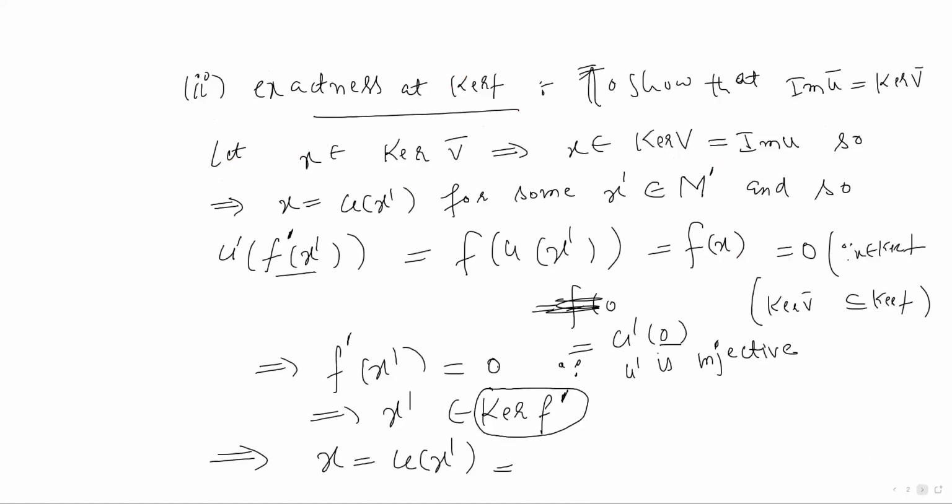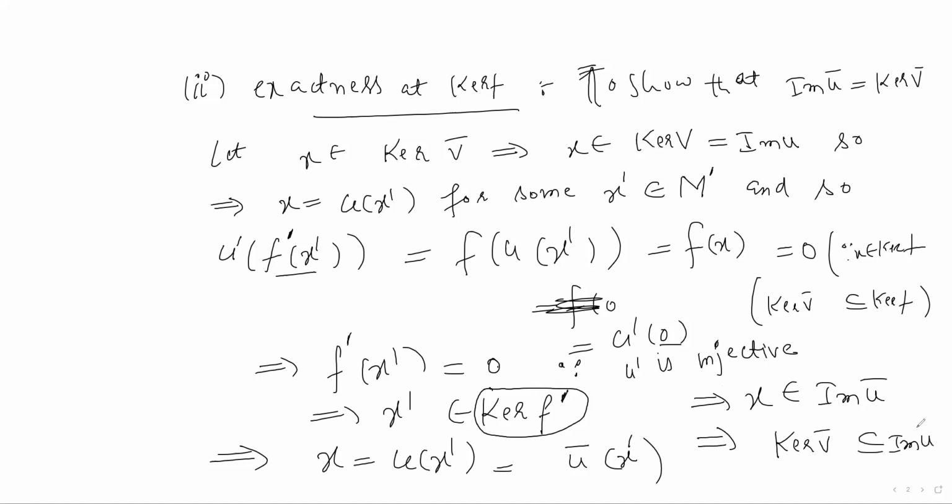So on kernel of f dash, u and u bar are same. So you can write it as u bar of x dash. So this means x belongs to image of u bar. So this means what? Kernel of v bar is a subset of image of u bar.